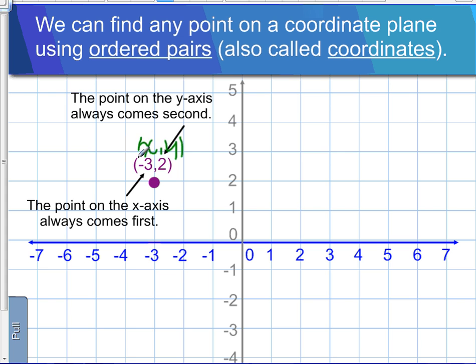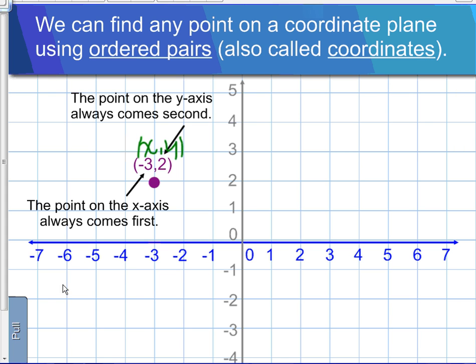So in this case, we look at the x-axis and we need to go to -3. We start at our origin and we go 1, 2, 3 to -3. Then on the y-axis, we need to get to 2. So starting at -3, we go 1, 2. And that's how we plot our point.